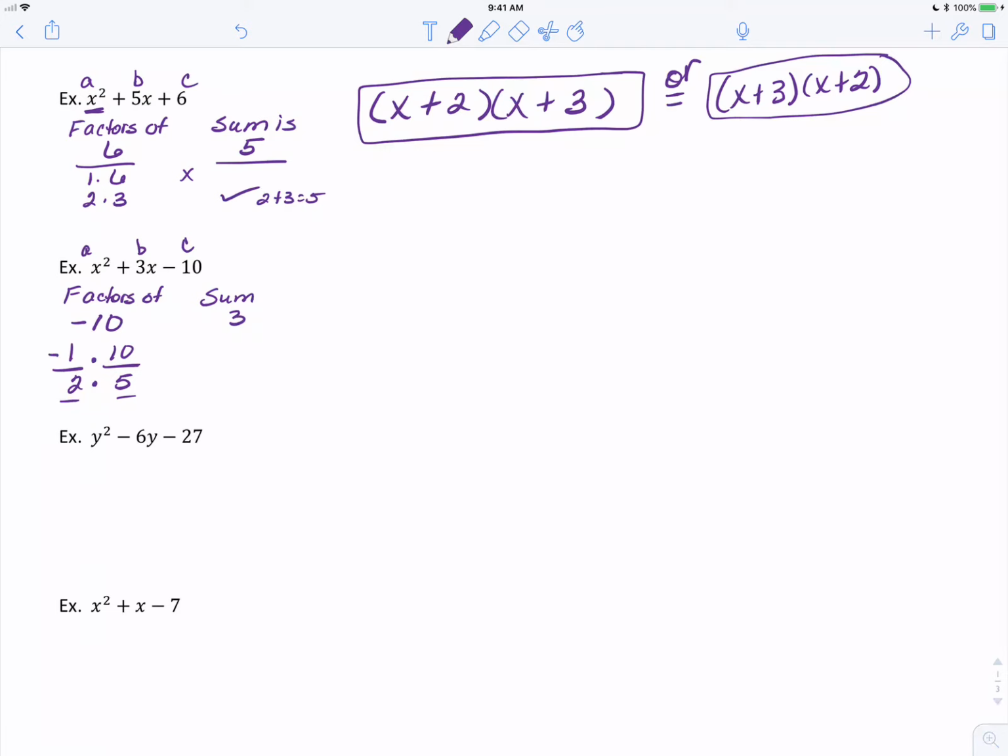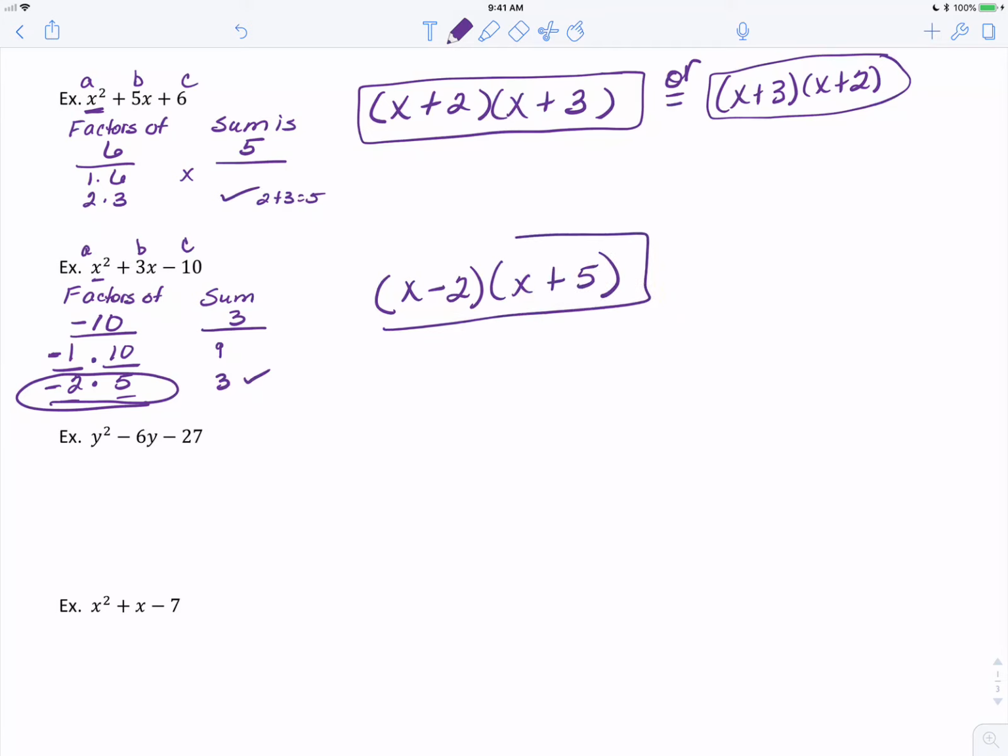So negative 1 times 10 gives a sum of 9. Negative 2 times 5 gives me negative 10 when I multiply, and that gives me a sum of 3. So those are the factors that I want. My variable is an x, so x minus 2, x plus 5. Those are the factors.